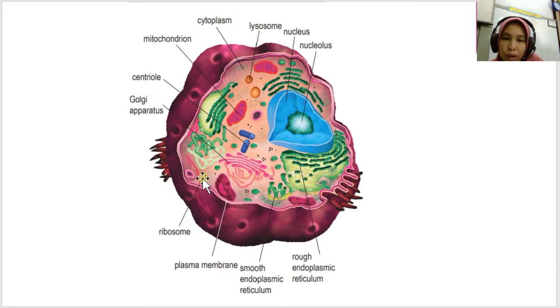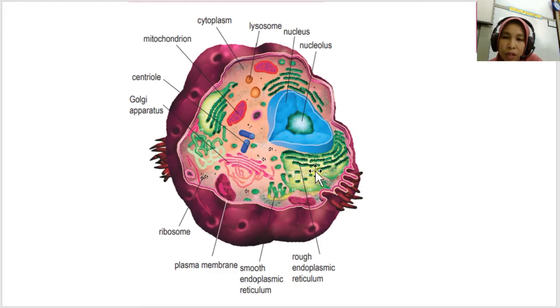Some of the ribosomes are attached to the rough endoplasmic reticulum, and some are inside the cytoplasm. So how do we differentiate between the rough endoplasmic reticulum and the smooth endoplasmic reticulum?